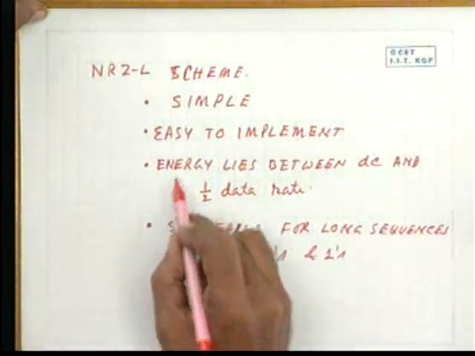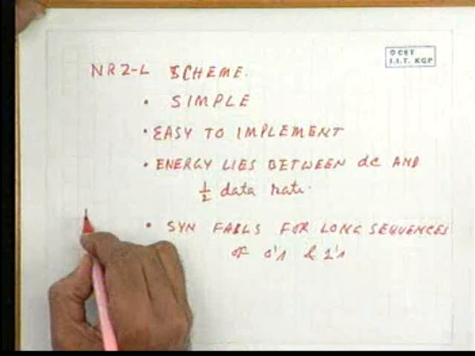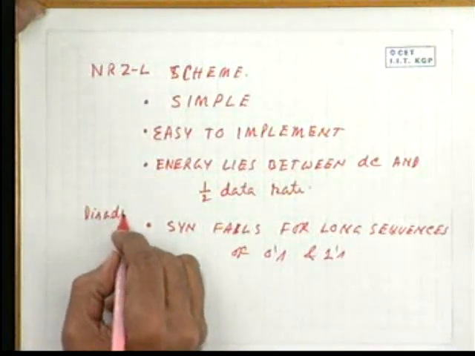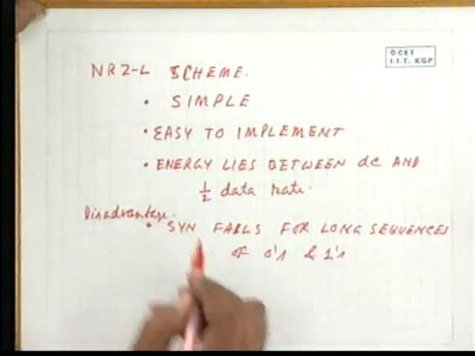However, the bandwidth is very small, which makes it very attractive, and this is one of the disadvantages. Synchronization failure. Let us consider the second scheme, which is known as NRZ-I.